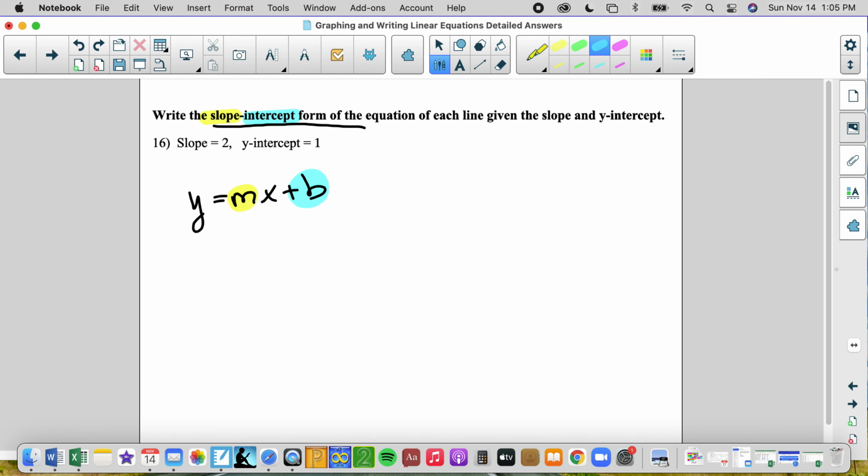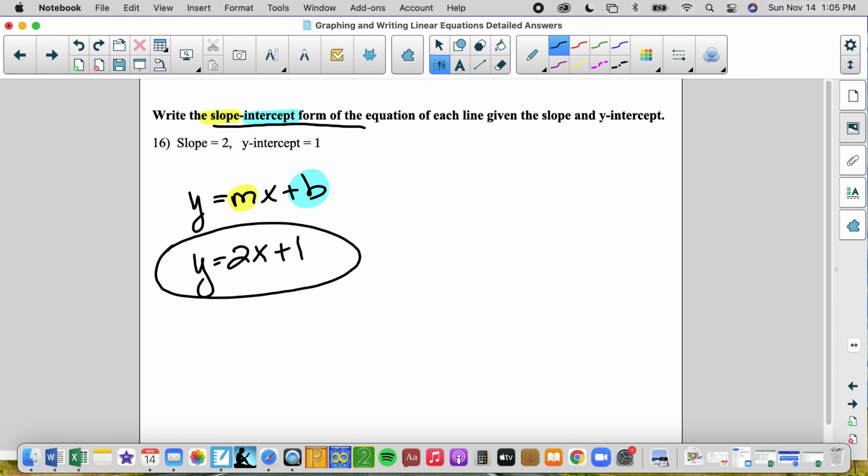Looking at the information, can I derive the slope? Yes, it gives me the slope. I'm going to plug that in for m. Does it give me the y-intercept? Yes, it gives me the y-intercept of 1. So this is real easy and very basic. They literally give you the information, so you just plug and play.